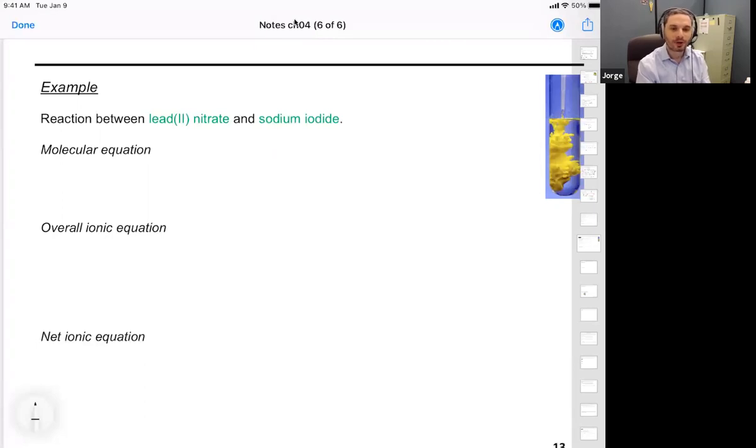Then we determine if one or more of the products are solids or not. We are going to write the same things: the molecular equation, and the overall and net ionic equations. And we are always going to refer to the solubility table to make sure we get the correct physical state of each compound in the equation.